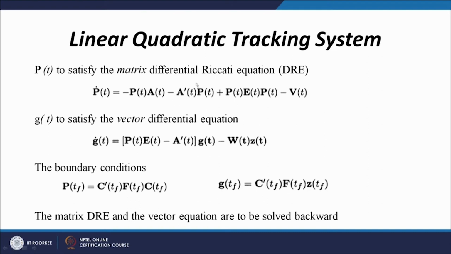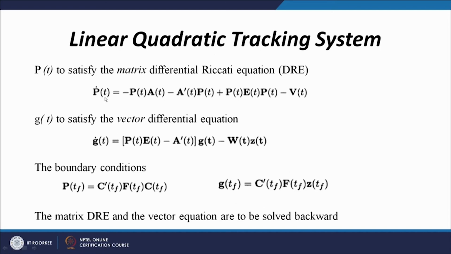So, my first equation is the matrix differential Riccati equation, and the second equation is a vector differential equation, meaning I have n number of g vectors, and how many equations are here?